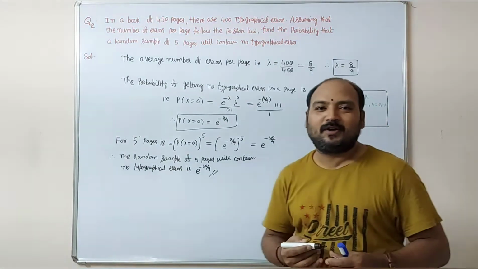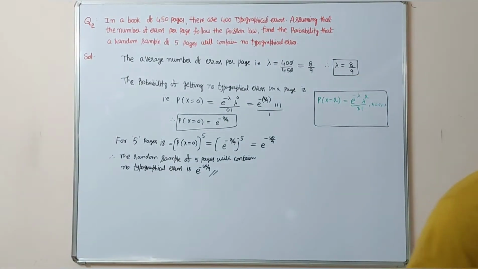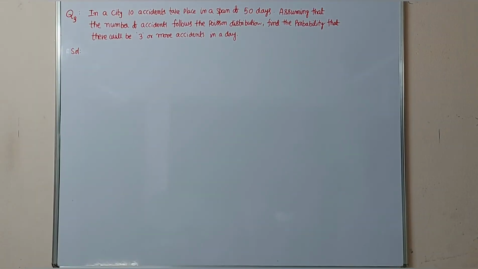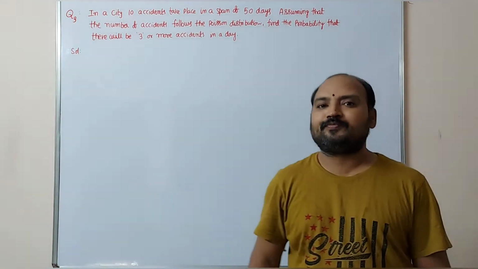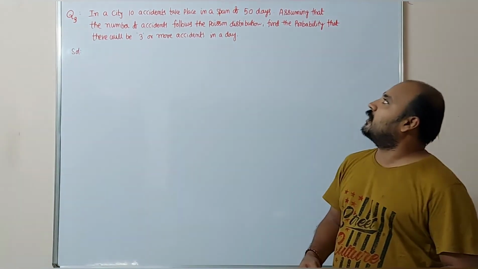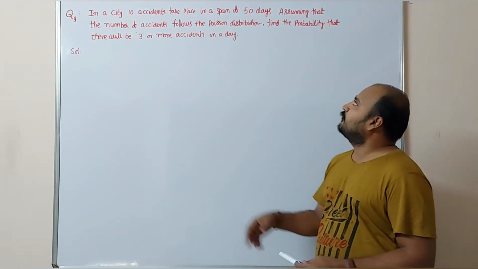We'll move on to the next question, dear students. The next question: in a city, 10 accidents take place in a span of 50 days.